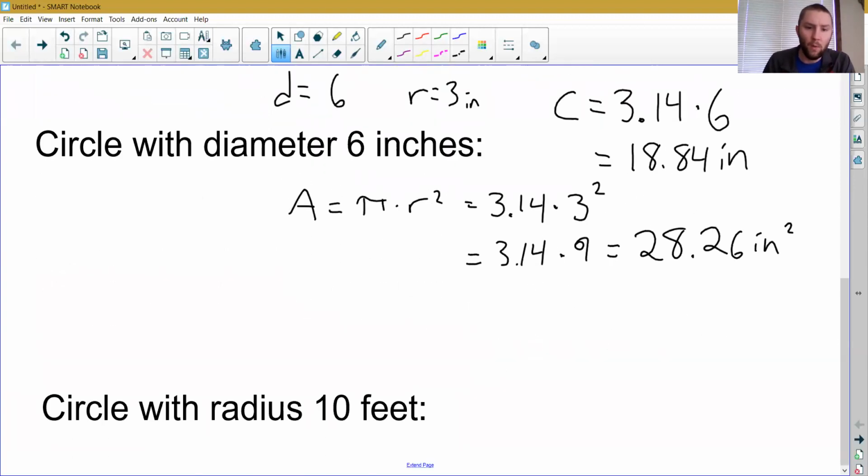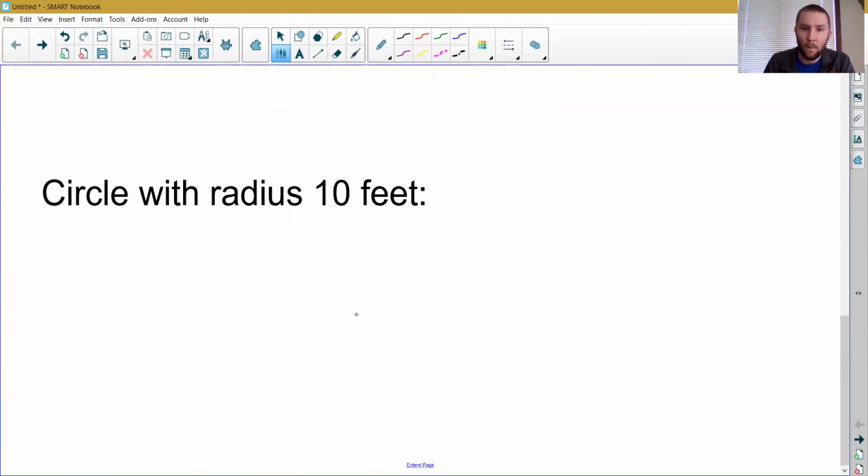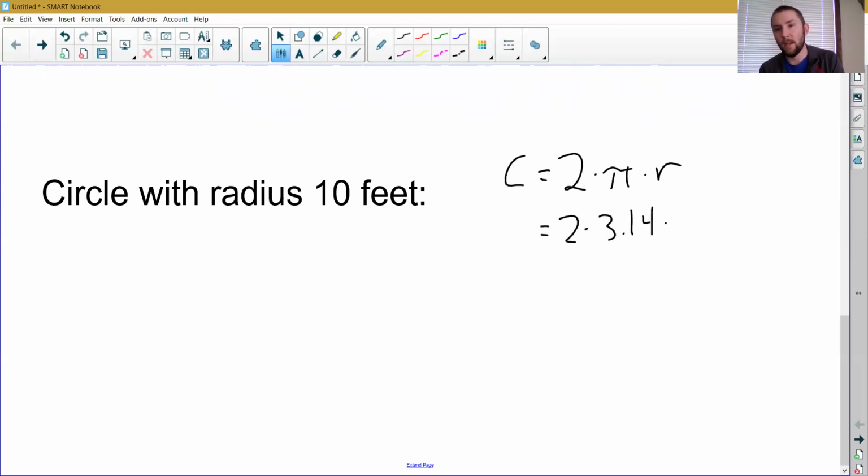Now, when you are given the radius, we can just do both formulas with the radius, right? Circumference, remember, we have the alternative formula 2 times pi times the radius, okay? So this would be like 2 times 3.14 times, in this case, the radius of 10 feet.